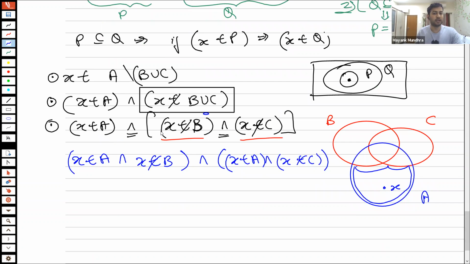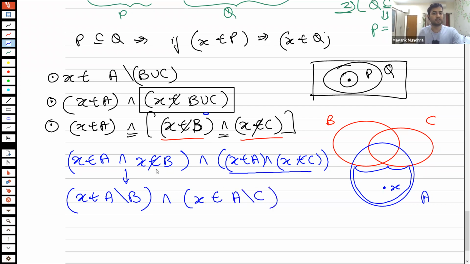X belongs to A and it splits over both these things. So X belongs to A and X does not belong to B, which just implies that X belongs to A set minus B, and X belongs to A set minus C.